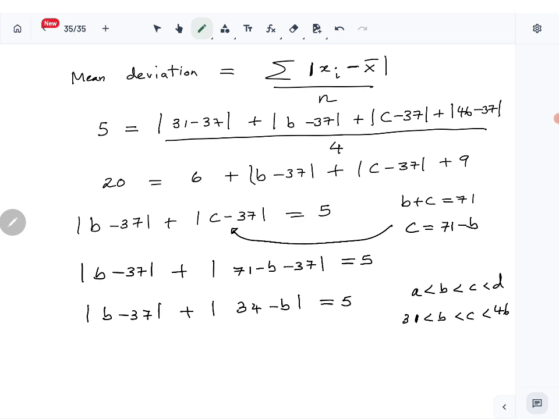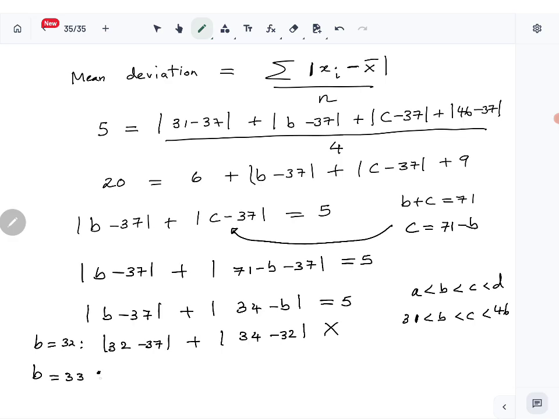So try some values. Let's take B to be 32. Will that work? 5 plus 2, which is 7. So that doesn't work. B equals 32 doesn't work.